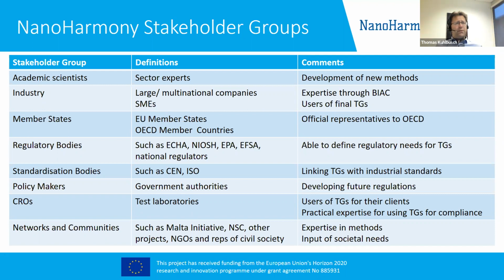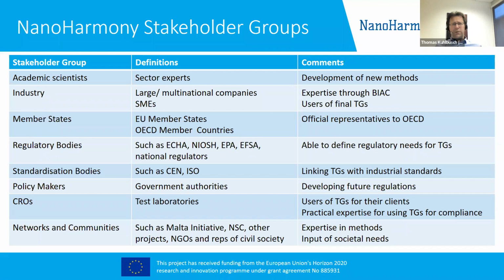This is a group we also have to keep a close eye on. And then we have networks, informal groups and NGOs, which can be more formal, like the Malta Initiative, or less formal, like the NanoSafety Cluster.